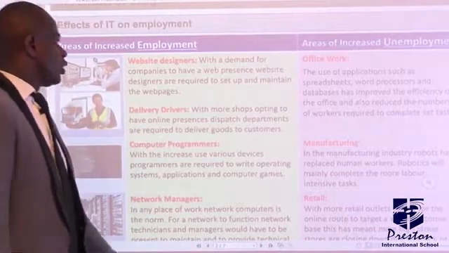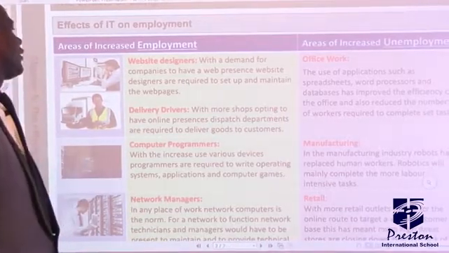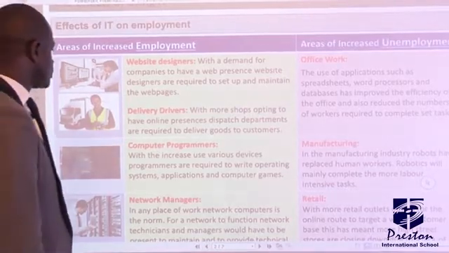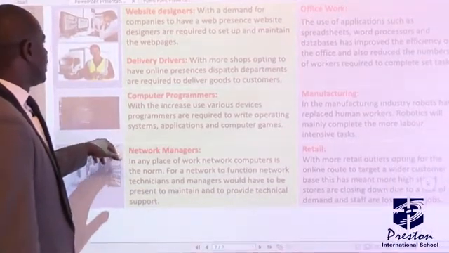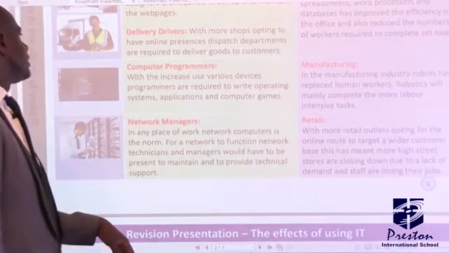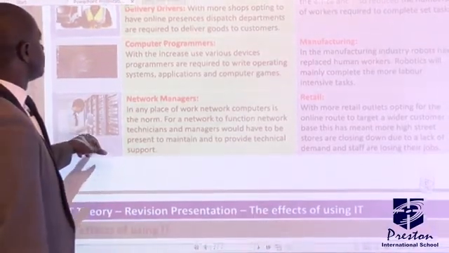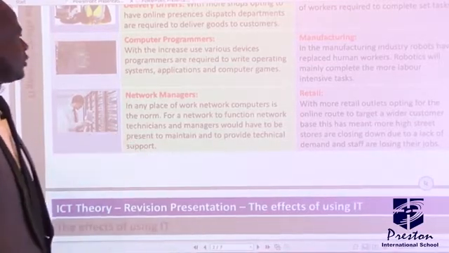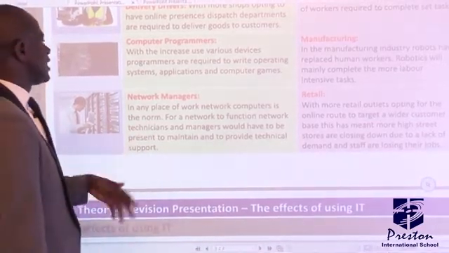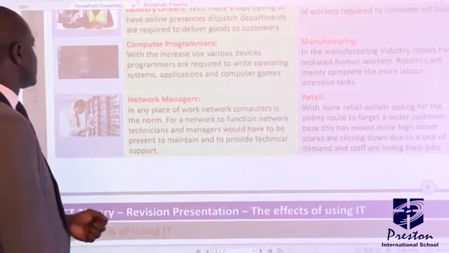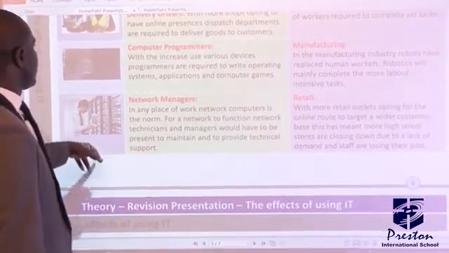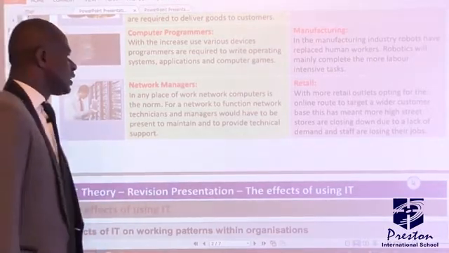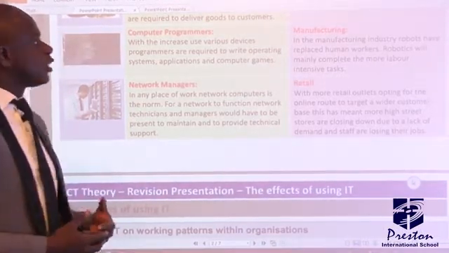Delivery drivers: with more shops opting to have online presences, we need people to deliver those goods to the buyers. Also, we need computer programmers to help write operating systems, applications, computer games, and several other applications that are needed in this day and age. Also, network managers to manage the network in workplaces.